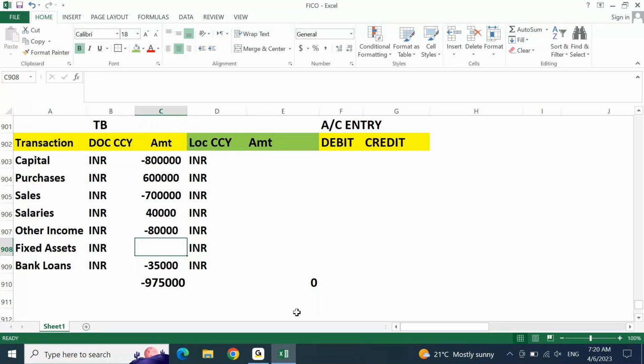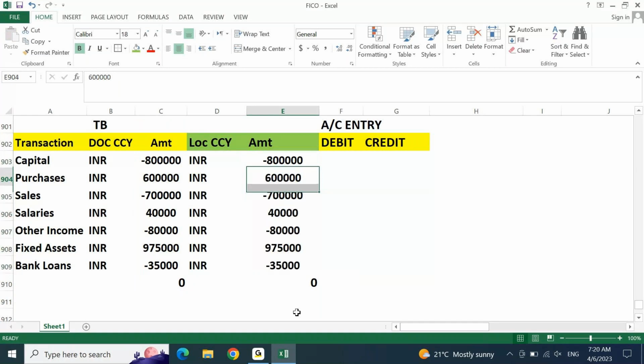Put 975 here. Now is this becoming zero? No. Total, yeah, zero. Now this has become zero. I am going to put this same number here. Now this also has become zero.